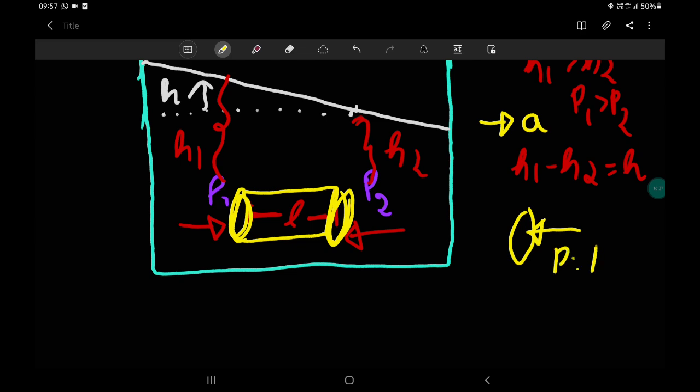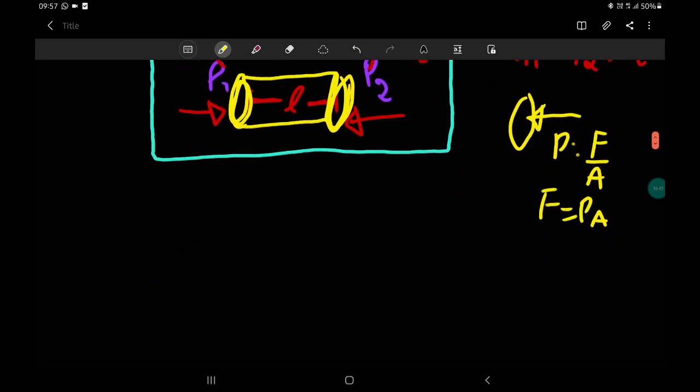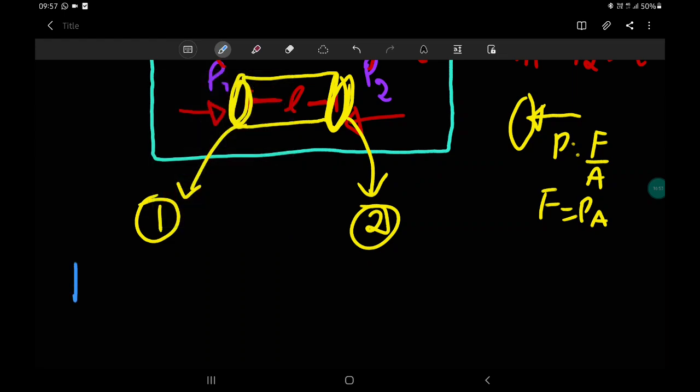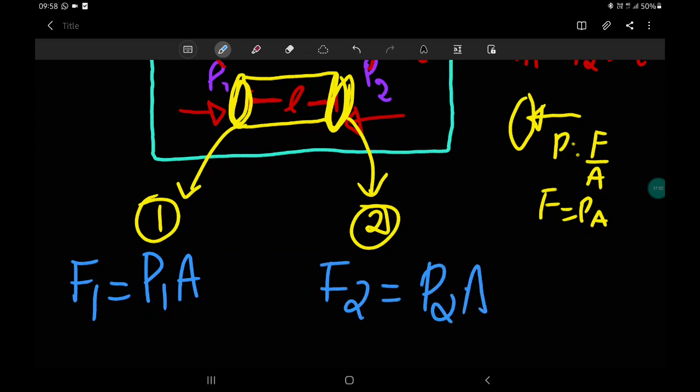Pressure is equal to force upon area, so force is equal to pressure into area. Let me consider this point as the first point and this as the second point. The force for the first point is F1 equals P1 into A, because area remains the same for both. Here F2 equals P2 into A.